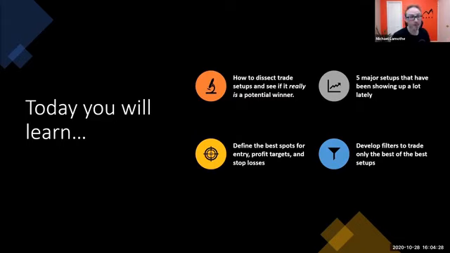There's a lot more setups than just 5, but in this condensed version, I want to give you the main 5 that keep on coming up again and again and again in this market. We're going to define the best spots for entries, profit targets, and stop losses. And by the time that we're done, we will have developed filters to trade only the best of the best setups.